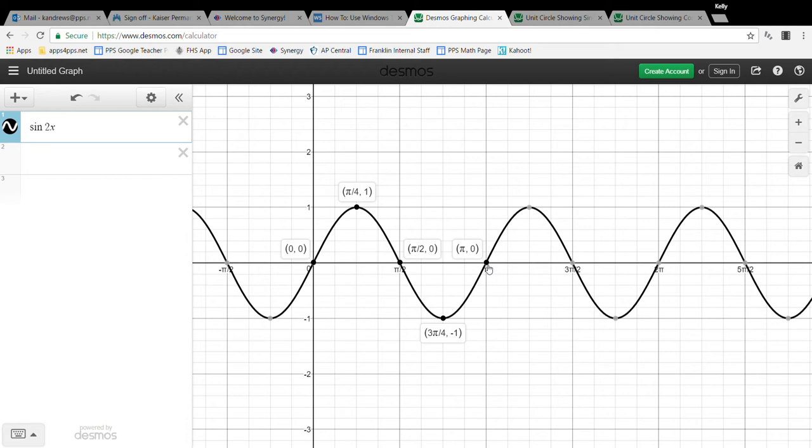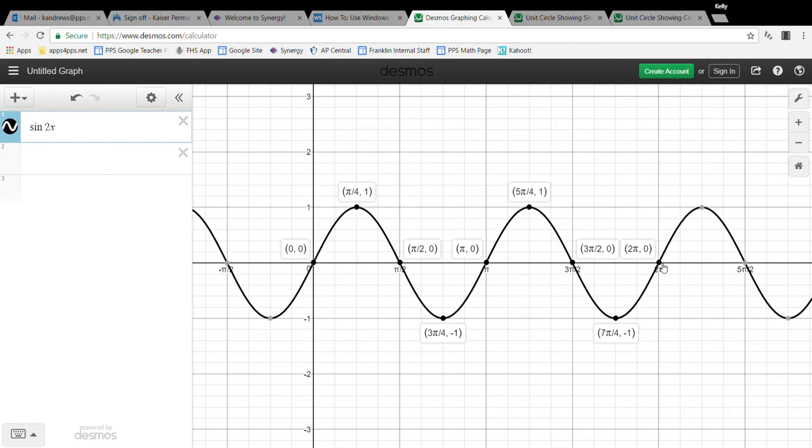But now my period length is only pi. My frequency, which is specifically what B is called, tells me how many cycles I complete within 2 pi. So here I've completed 1, and then I go back up, midline, down, midline, so I finish 2 complete cycles within 2 pi.